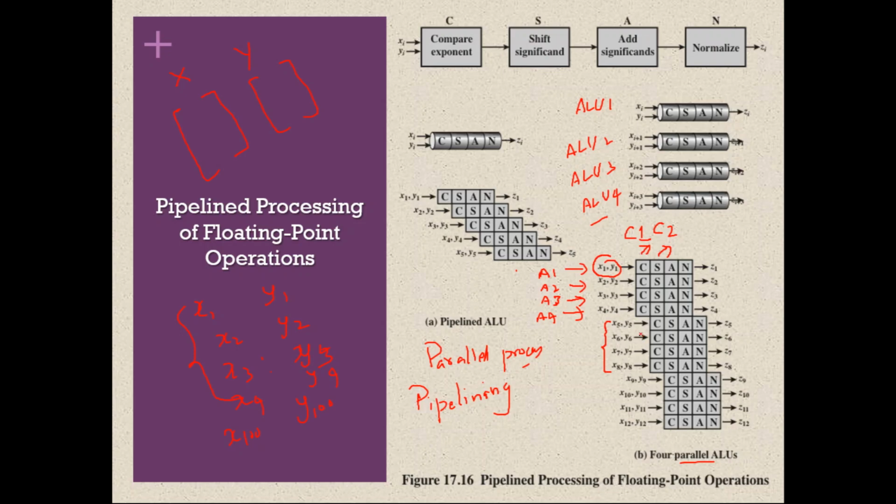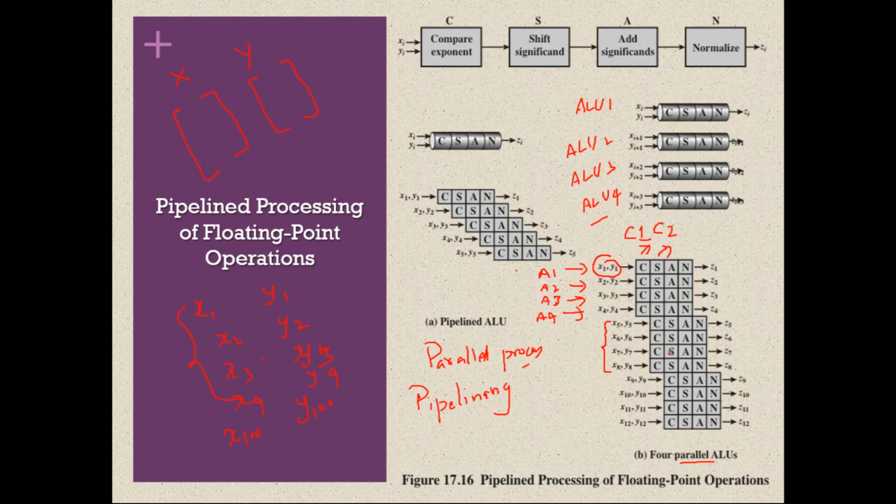Now you see, during the third clock cycle what happens: X5, Y5 to X8, Y8 will all move to shift stage. Also during the third clock cycle, X1, Y1 to X4, Y4 will move to add stage. Now compare is also free, shift is also free.